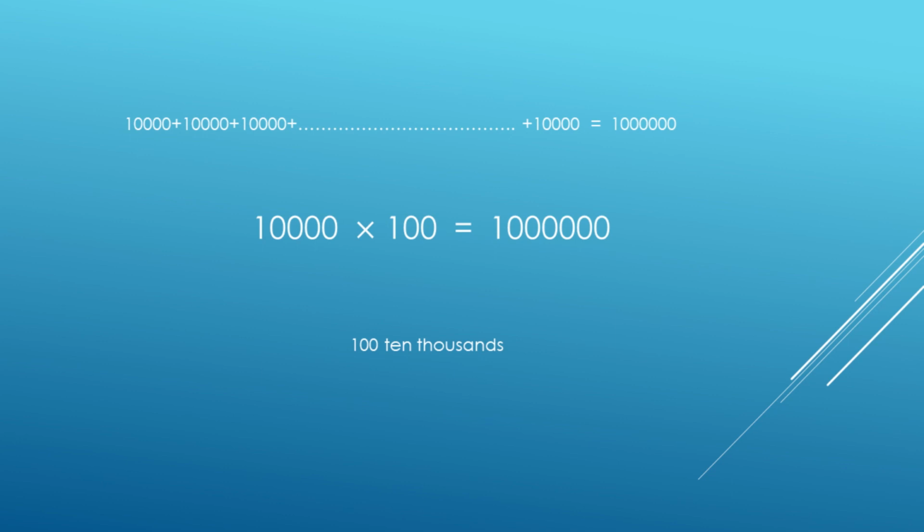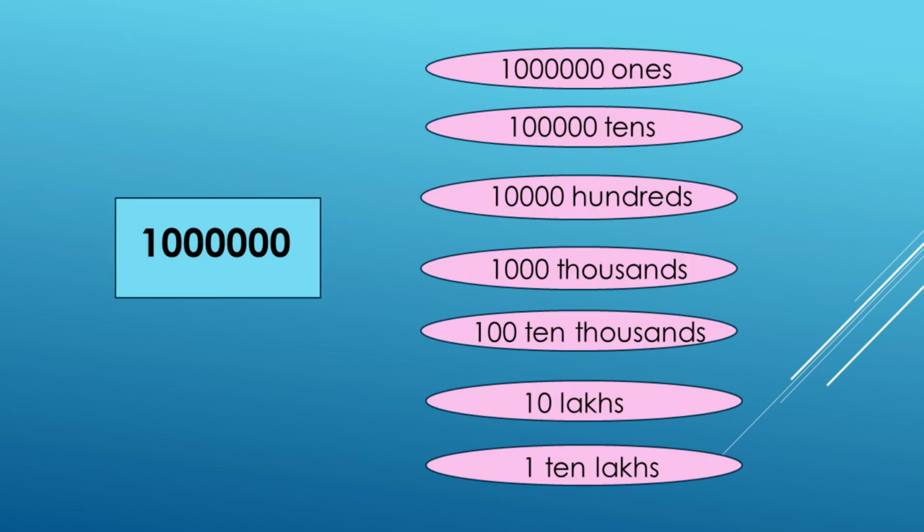That means there are 100 ten thousands in 10 lakh. If we add 1 lakh ten times, we get 10 lakh. That means there are 10 lakhs in 10 lakh. And there is only 1 ten lakh in 10 lakh. So we can say that different forms of 10 lakh are 10 lakh ones, 1 lakh tens, 10,000 hundreds, 1,000 thousands, 100 ten thousands, 10 lakhs and 1 ten lakh.